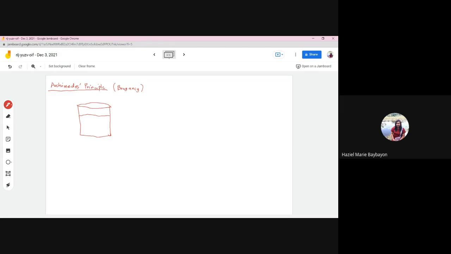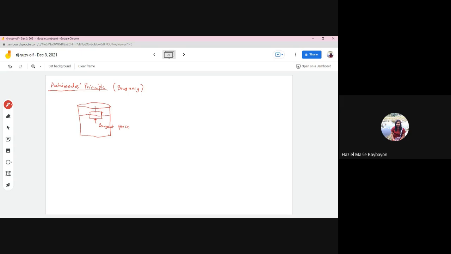Okay? So, if there is an object in a fluid, for example, this one, this fluid here exerts a force towards this object. And the direction of this force, we call the buoyant force, is opposite to the direction of the weight of the object, or the gravitational force. Okay.